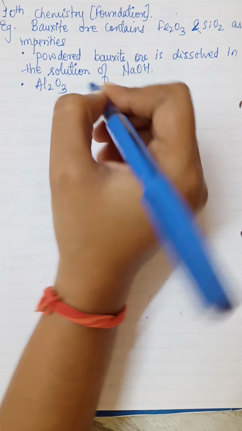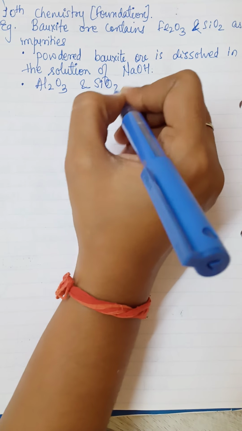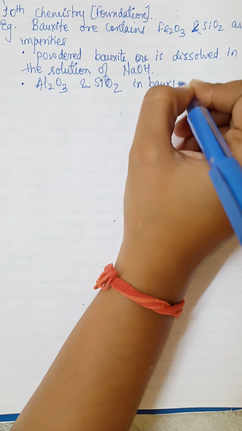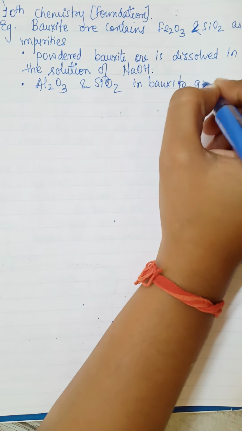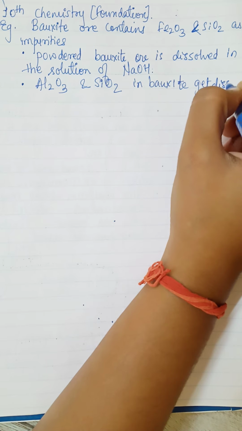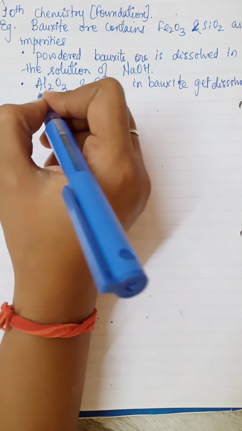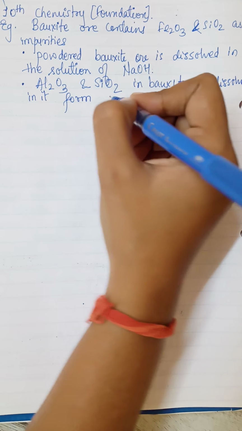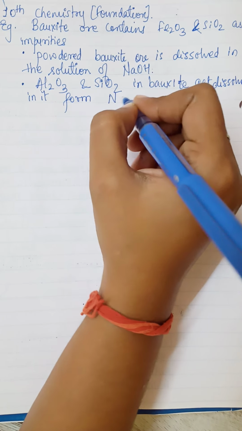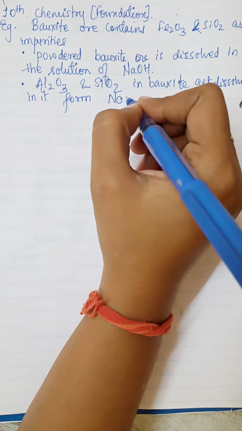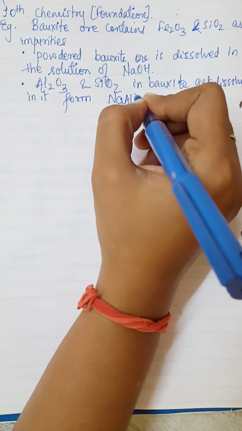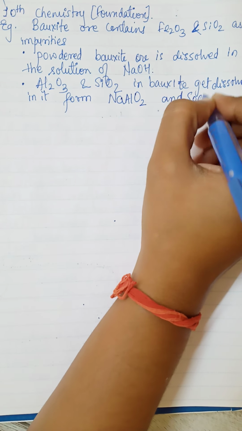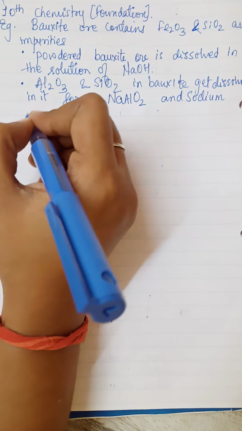Now Al2O3 and SiO2 in bauxite get dissolved in it, forming sodium aluminate and sodium silicate.